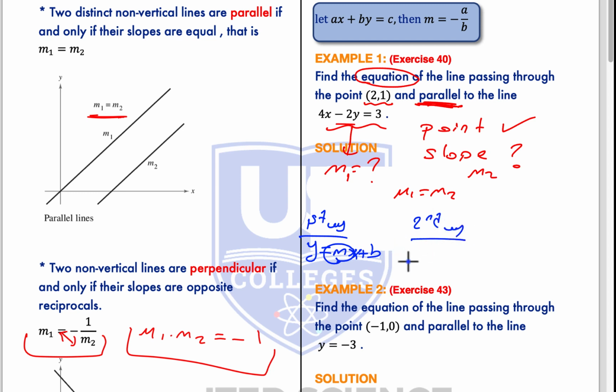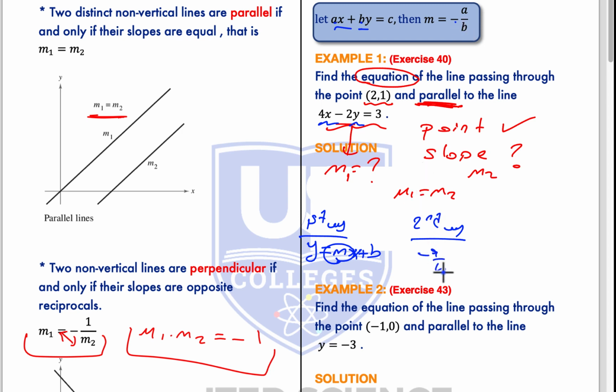The second way of finding slope, if the line given is when x and y are together, then the slope is negative coefficient of x divided by coefficient of y.